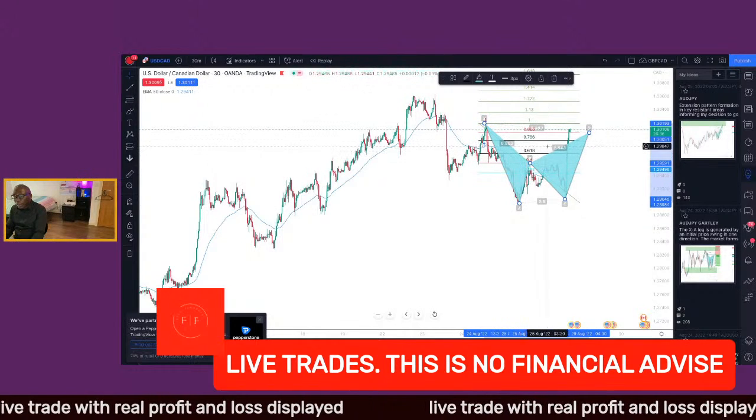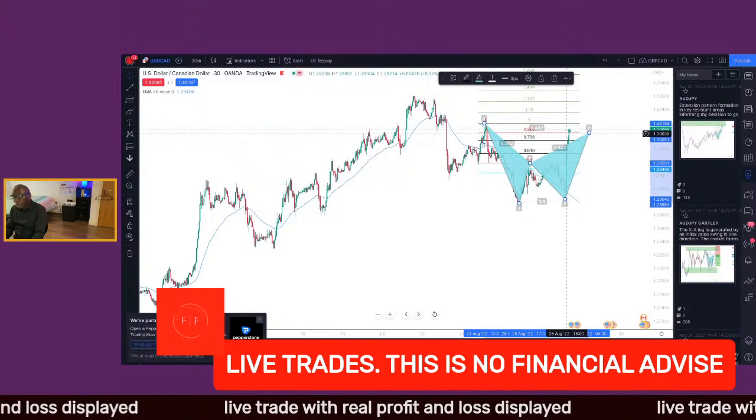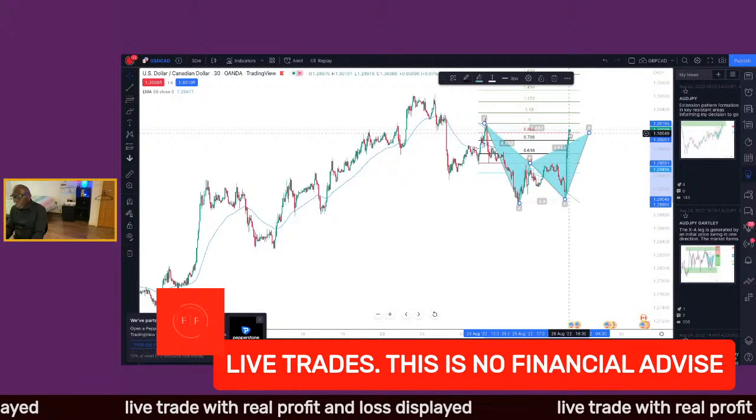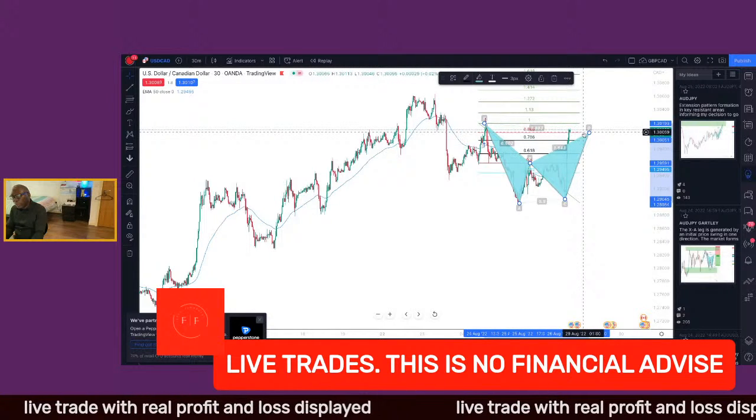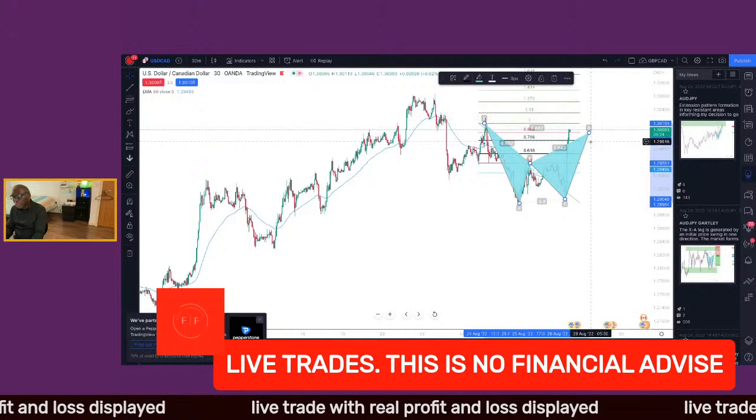So if for any reason price goes above 0.886 on Fibonacci retracement, I would look to put my stop loss at this point here.